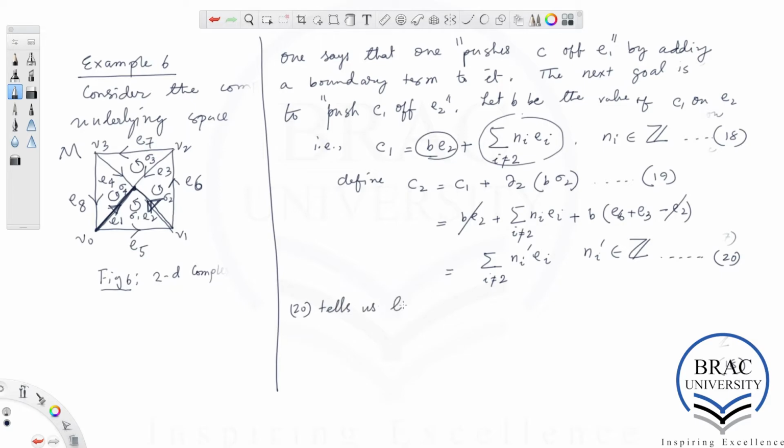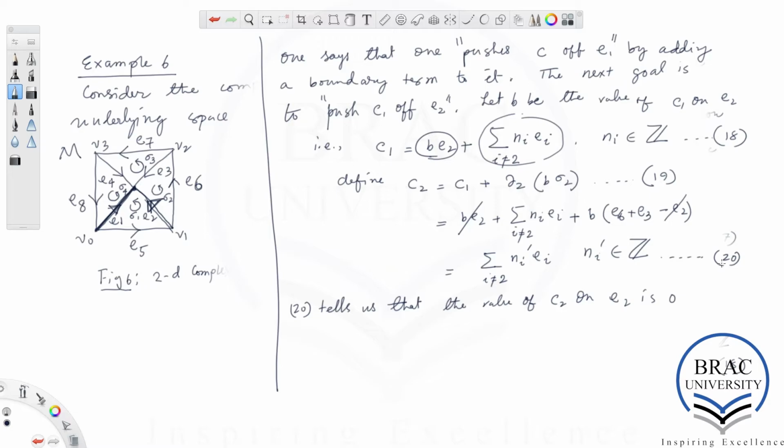the value of C2 on this edge E2 is 0, right? Because there is no I equal to 2 in this expression 20.